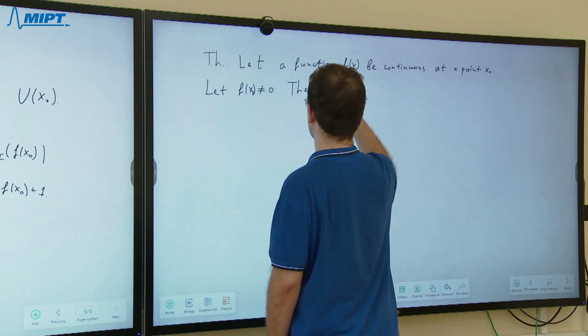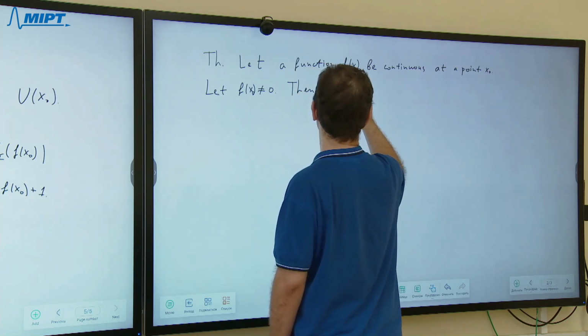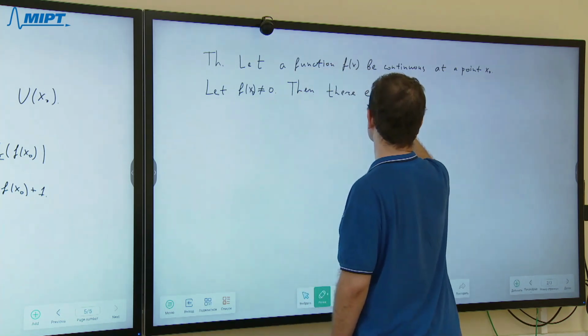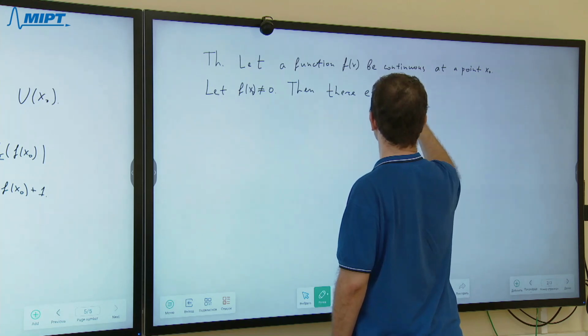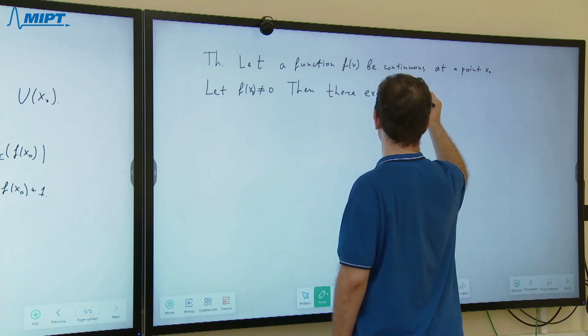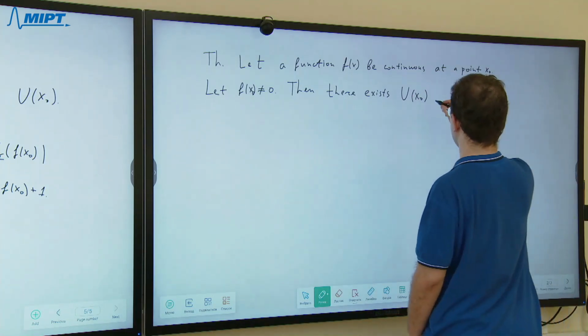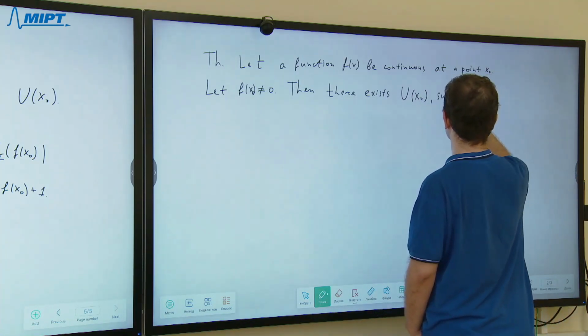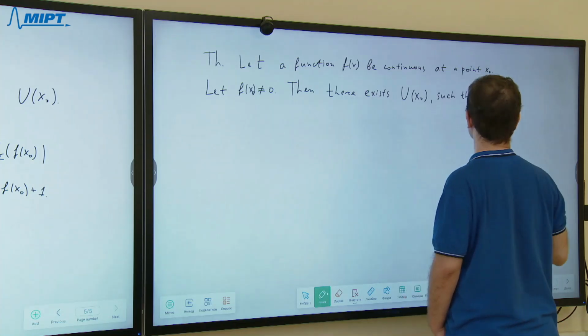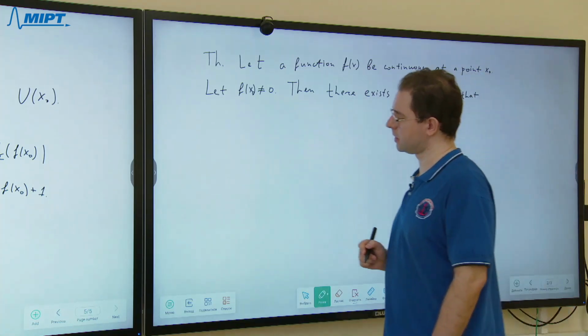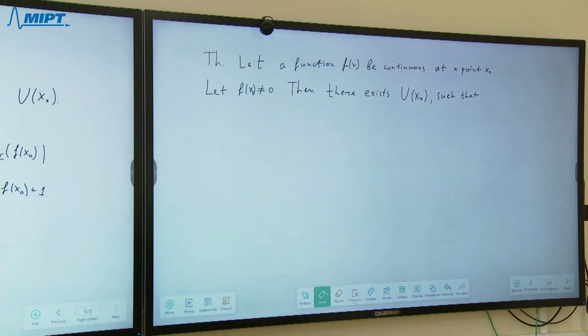Then there exists a neighborhood of x0 such that, how do I phrase it?